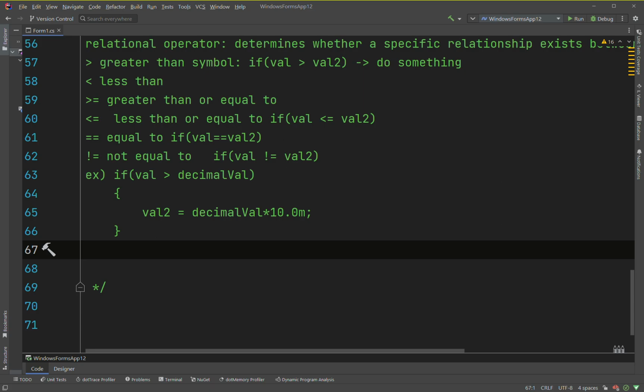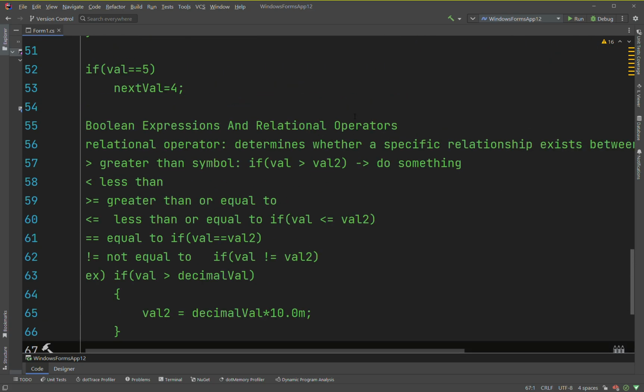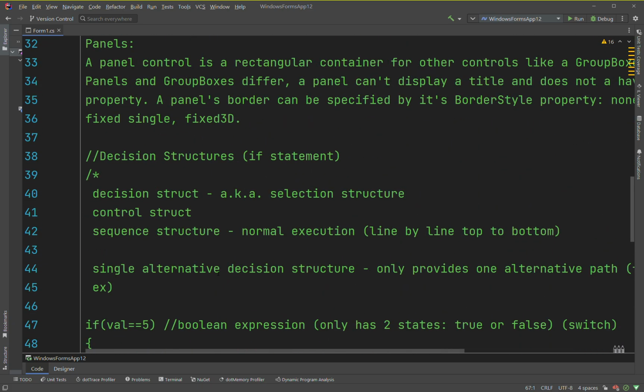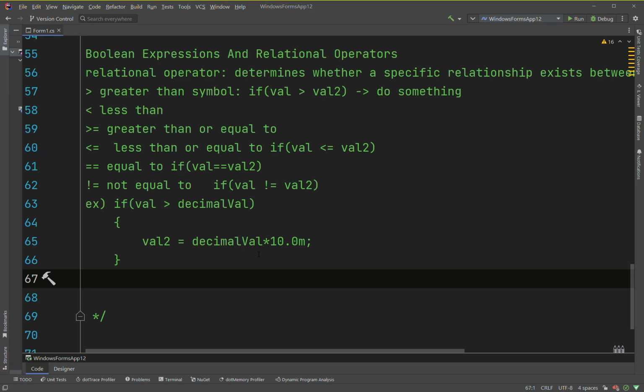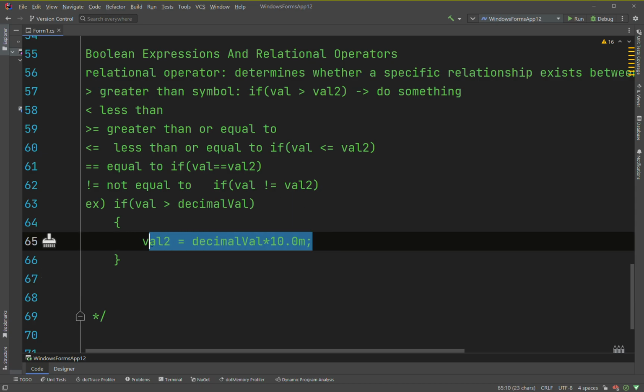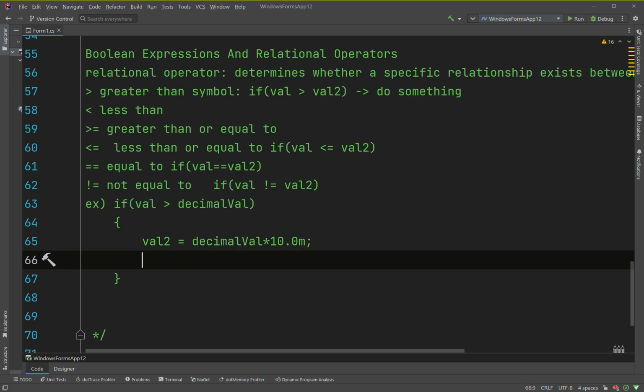Alright, so now we'll talk about a single alternative conditional statement. Is that what we called it? Single alternative decision structure. Okay, so that's pretty much it. I don't think we need to do this example, but you could again set some more things here.